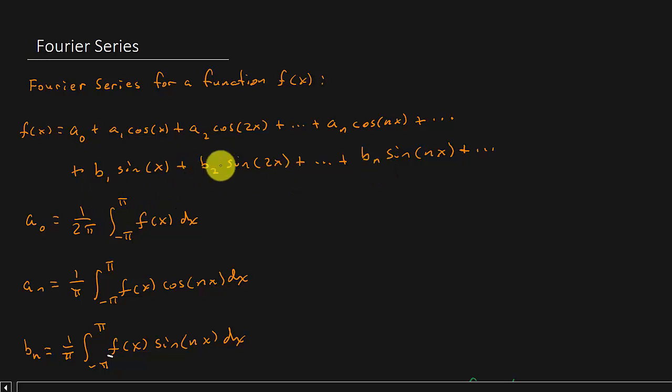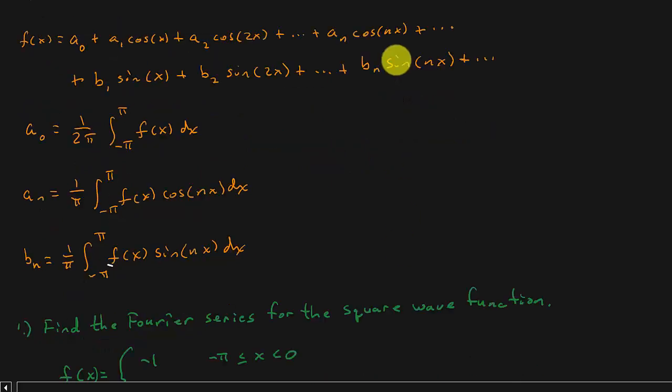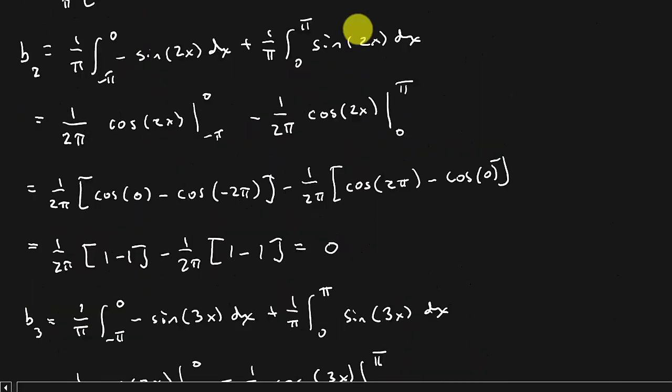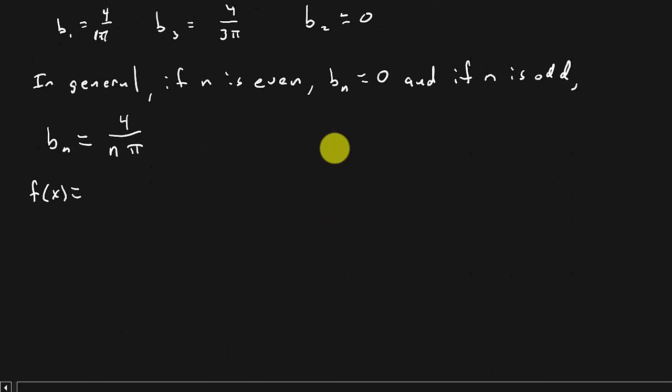But the b2 is 0, b4 is going to be 0. So I'm going to use b1, b3, and we'll go to b5 also. For the first one, that's going to be 4 over pi times the sine of x. It's b1 times the sine of x.